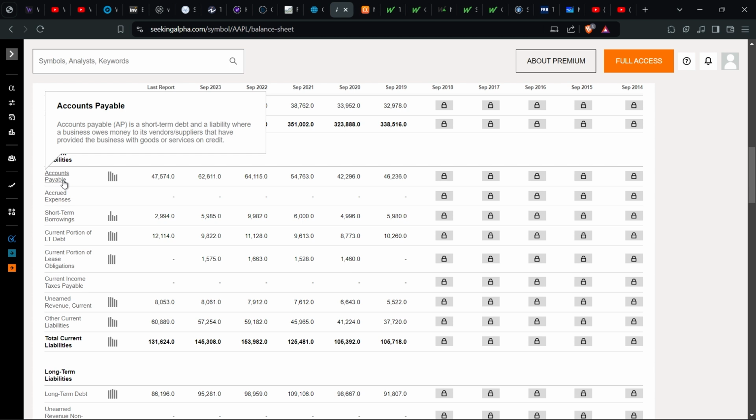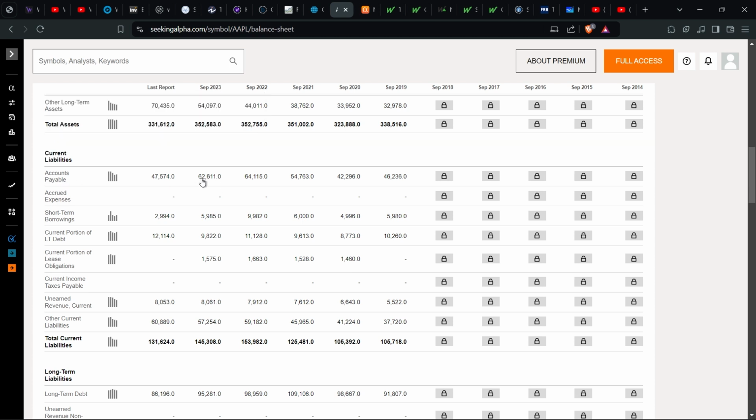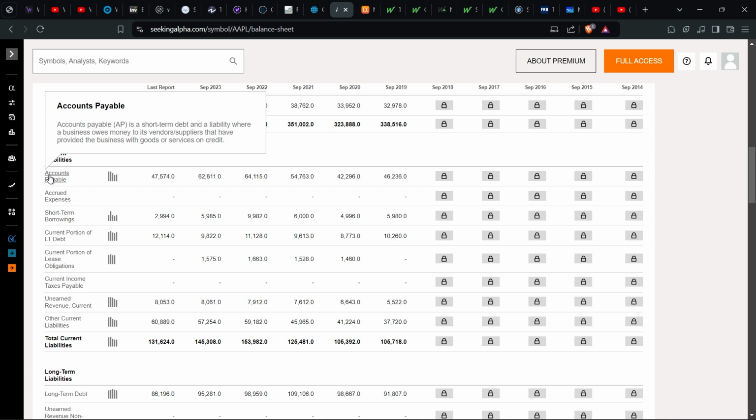Okay, so trying to determine whether this number is good or bad for the business, you'll have to go to the annual report and see in the notes section what's the average duration that it takes for them to clear out their accounts payable.